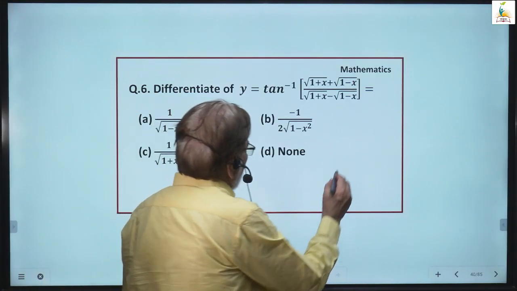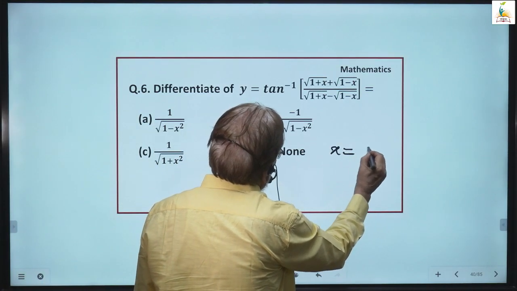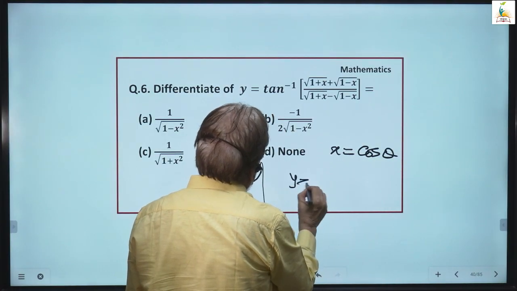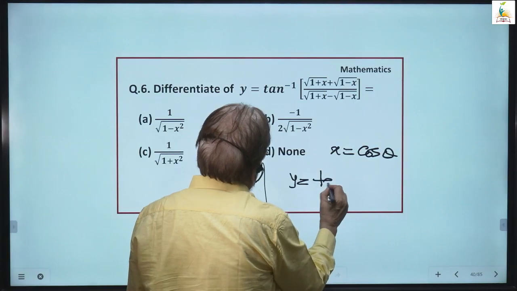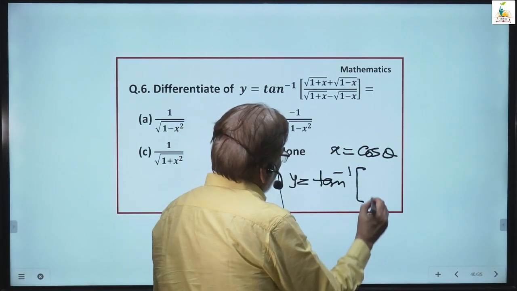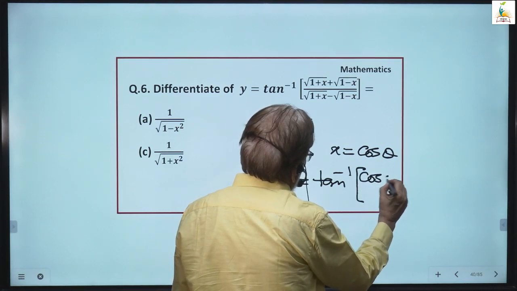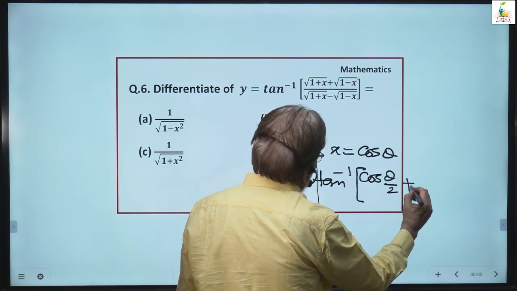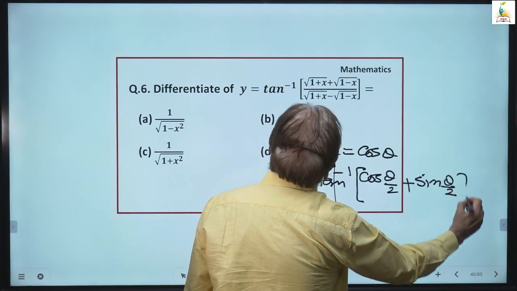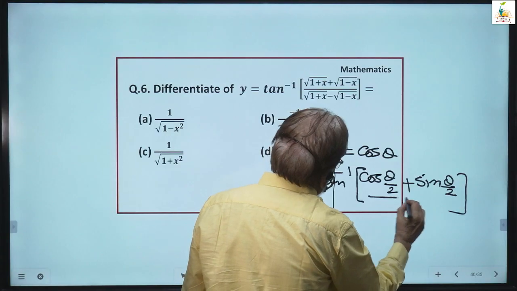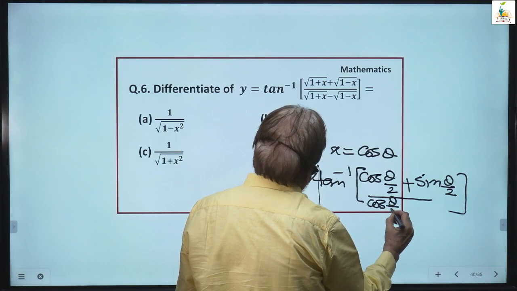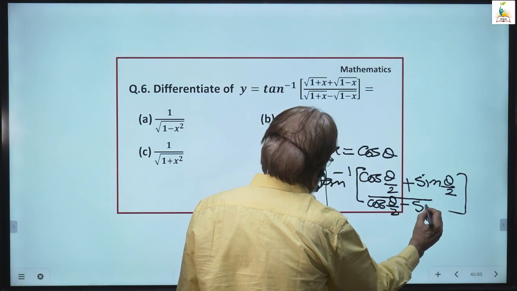So if I put x equal to cos theta, the whole question will change to y equal to tan inverse cos theta by 2 plus sin theta by 2 upon cos theta by 2 minus sin theta by 2.